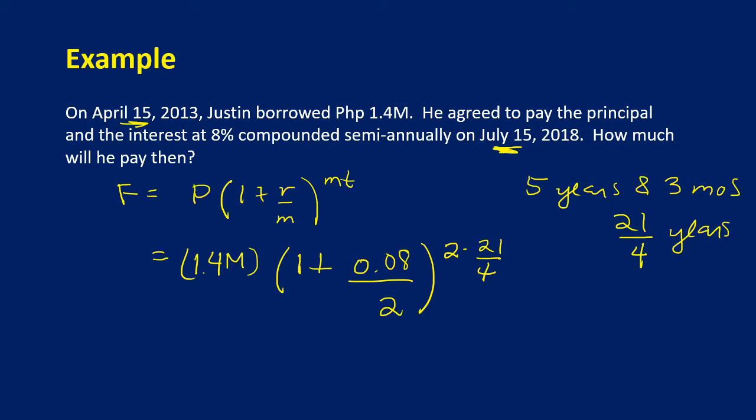So the answer is 2,113,382.458. It's big because, of course, the interest is big. 8 million, I mean 8%. Okay?